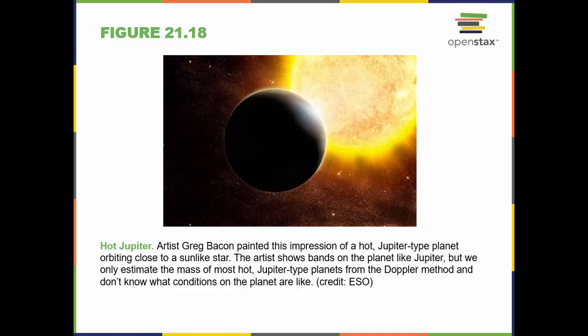The artist shows bands on the planet like Jupiter, but we only estimate the mass of most hot Jupiter-type planets from the Doppler method, and we don't know what conditions on the planet are like. This Doppler shift method is really only good for really large planets.